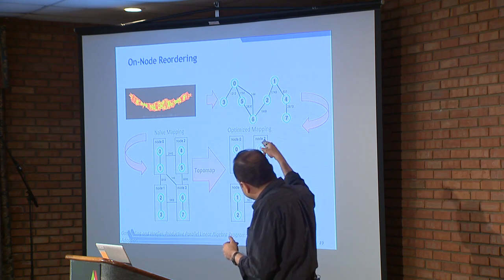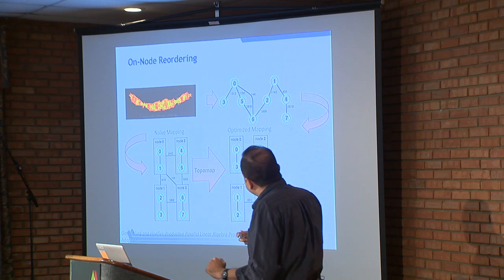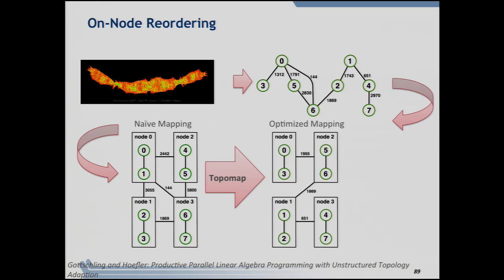So the number on the edge represents the amount of communication in some way. You have this kind of communication pattern where 0 is communicating with 3. 0 and 1 are not directly communicating in this case. So if you launch the job with 0 and 1 next to each other, it's not useful because they're not communicating. The communication is happening amongst other pairs of ranks.